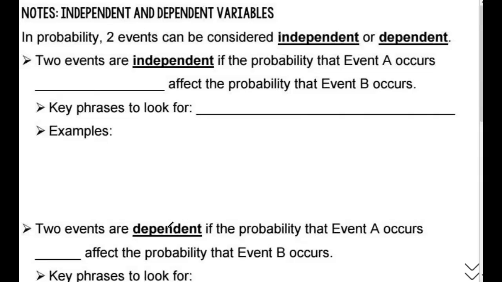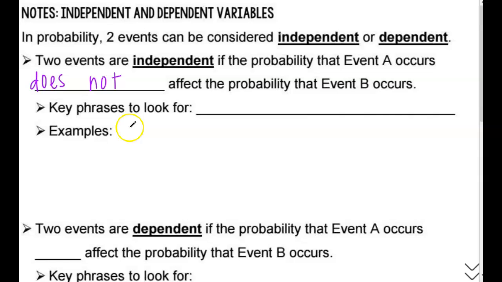And now we're moving on to actual probability events. And so two events could be independent or dependent. The first one is independent, if the probability that event A occurs does not affect the probability that event B occurs. Okay? So what does that mean? Here's an example.